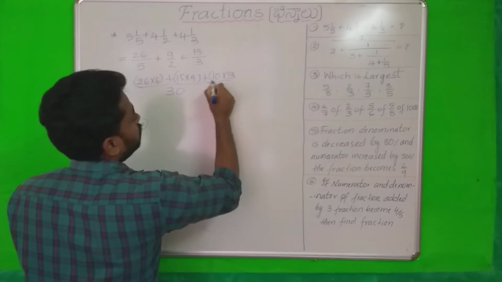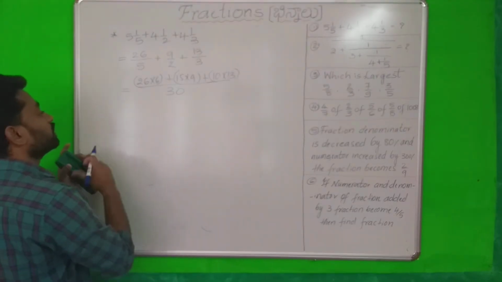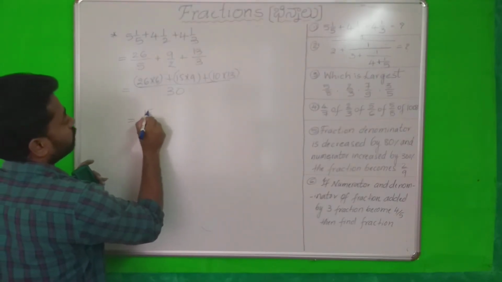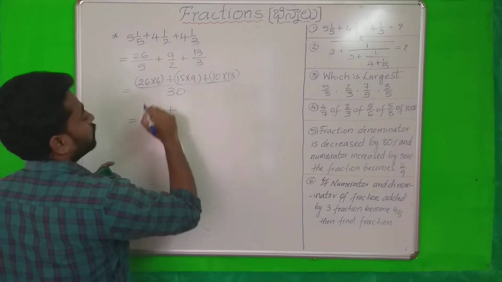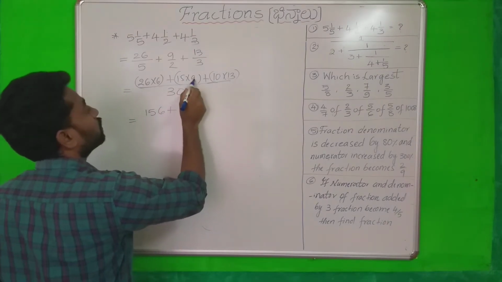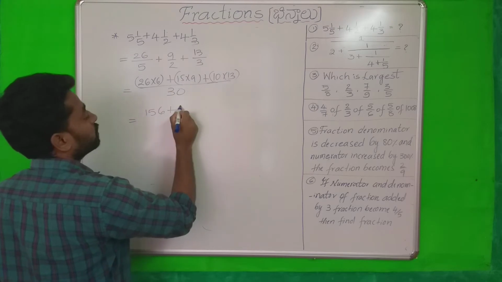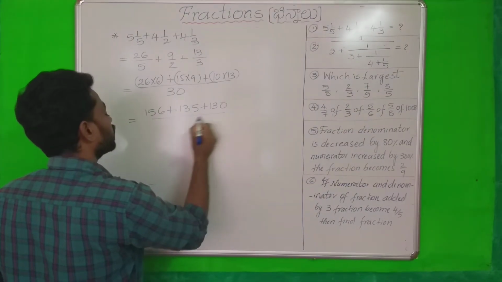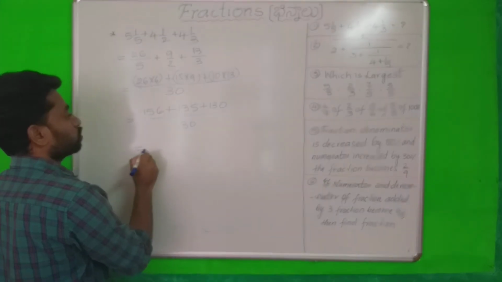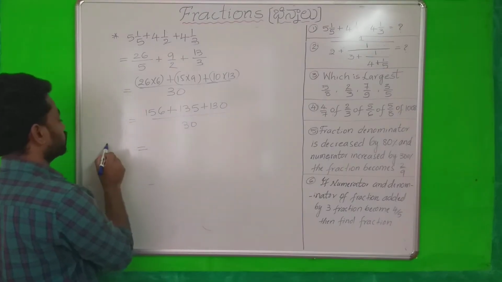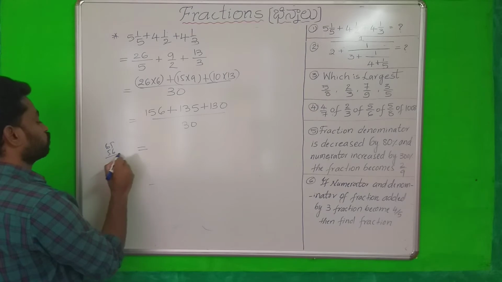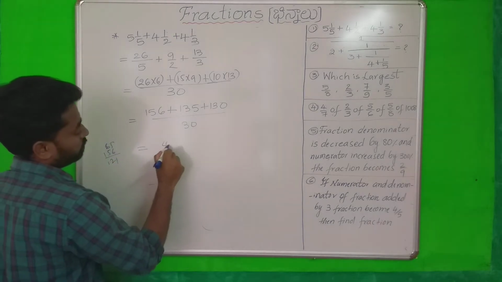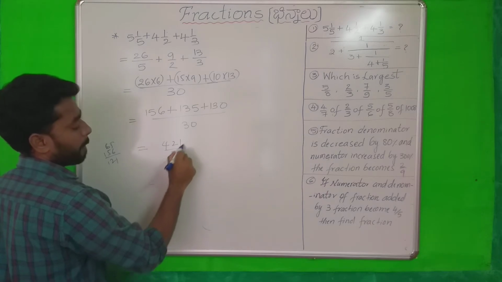Okay. So 26 6s are 156. 15 9s are 135, and here 130. So over 30: 156 plus 135 plus 130, which is 421 by 30.